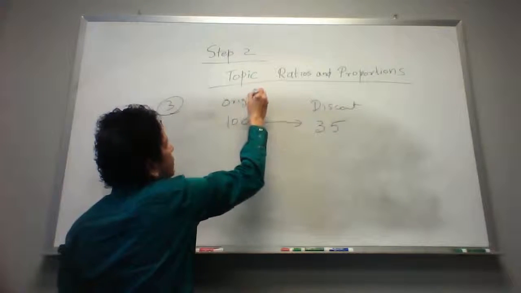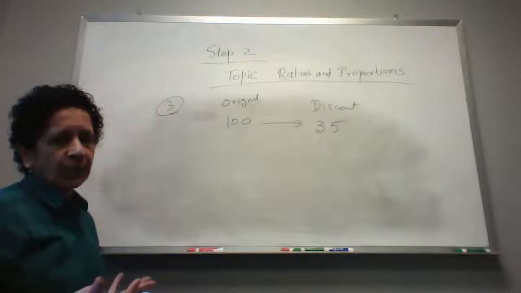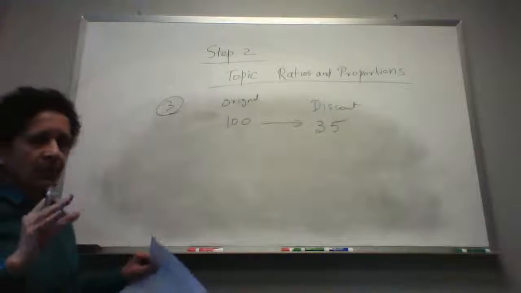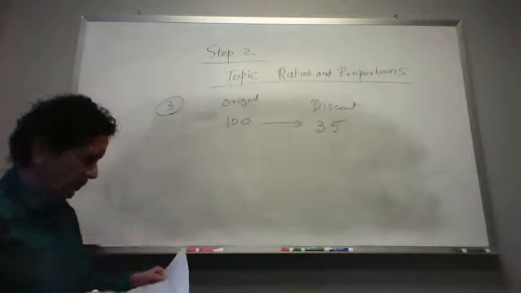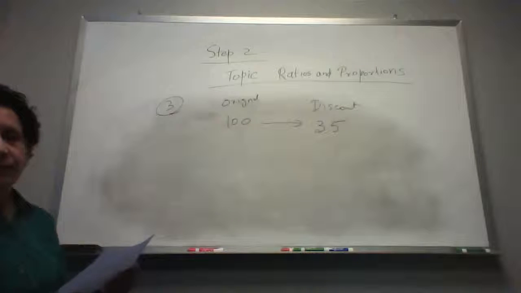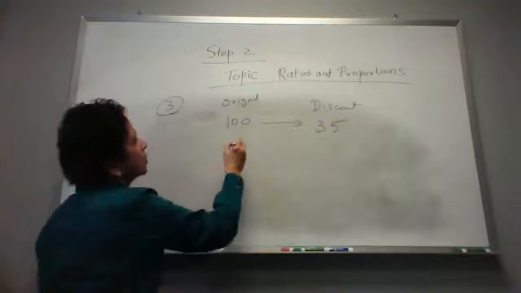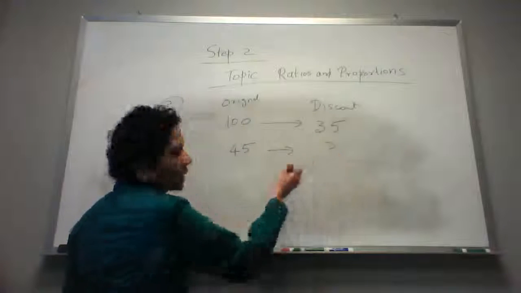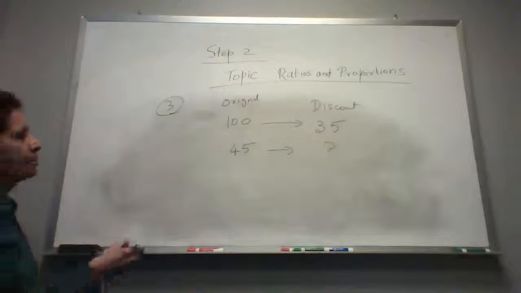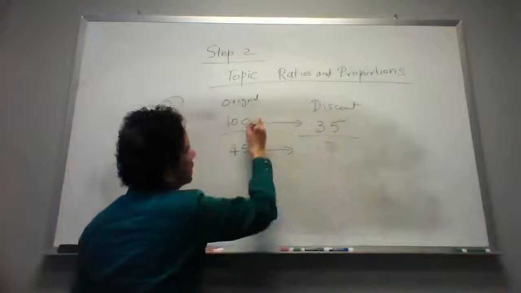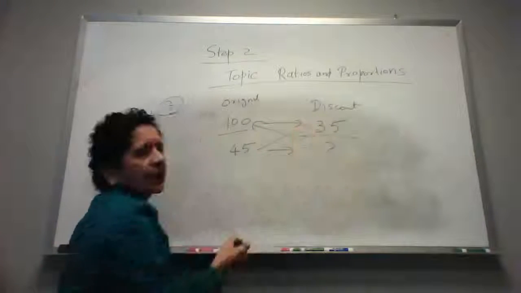So 35% means that if the original price was $100, my discount is 35 because the percent always the total is 100, right? Now the shirt costs $45 is the original price. So if the shirt costs originally $45, what is the discount? Okay? So again, you just set it up like this, and then you just divide, and then you do the cross multiplication.